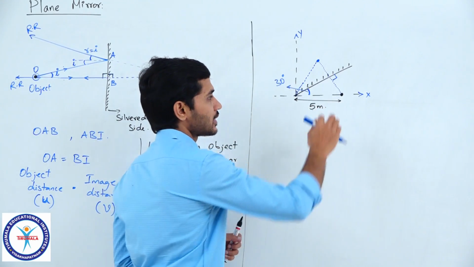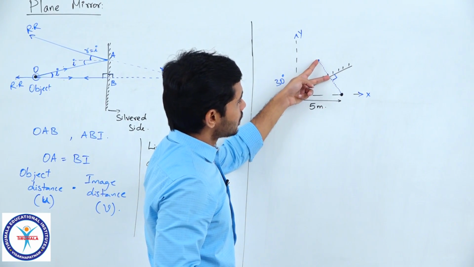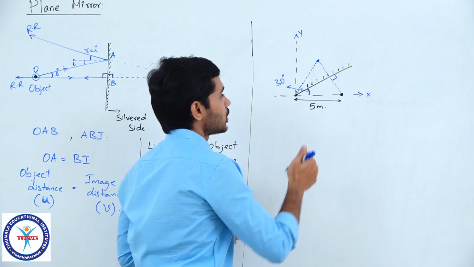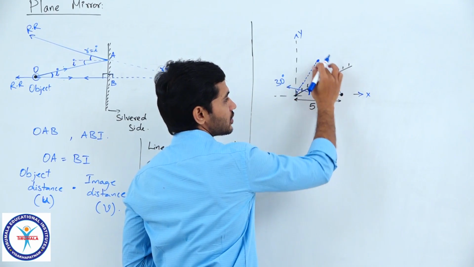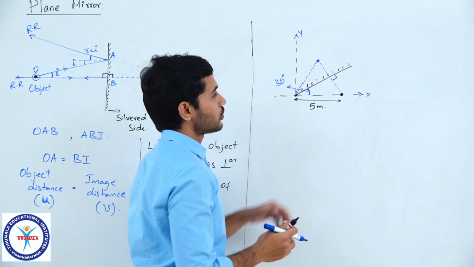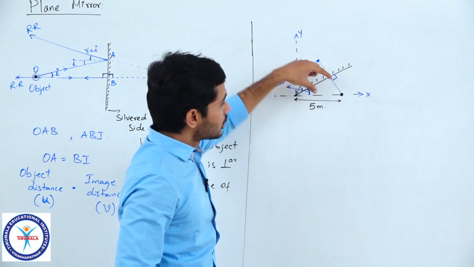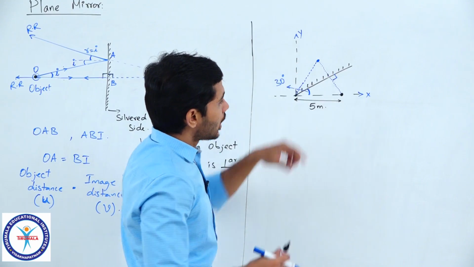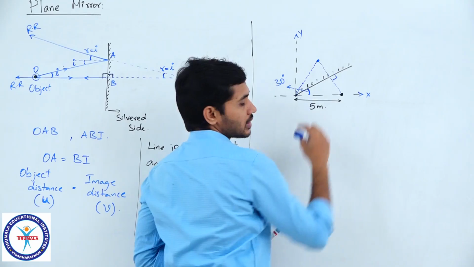Here you can say that this length and this length will be equal to each other, and this line is the common side for the two triangles which are formed over here. If you consider this right angle triangle and this right angle triangle, this side is common and this length is also common, as we have just established.